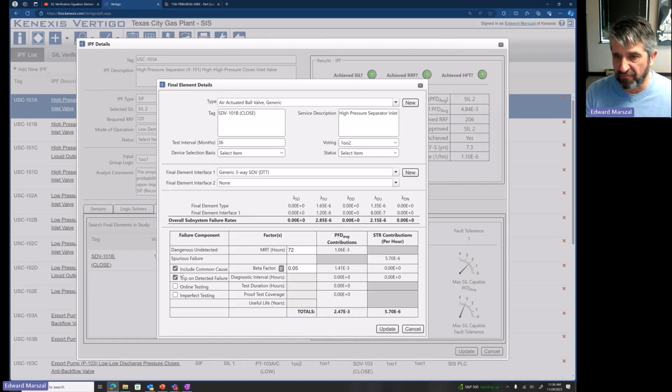And the frequency of the scenario is calculated for each initiating event independently. So initiating event 1 is going to result in accident event 1. Initiating event 2 results in accident event 2. For each initiating event, you multiply the initiating event frequency by the probability of failure of all the protection layers. You do that for each initiating event, and then you add all of them together.